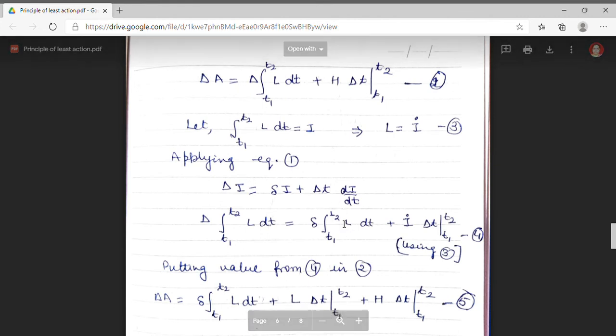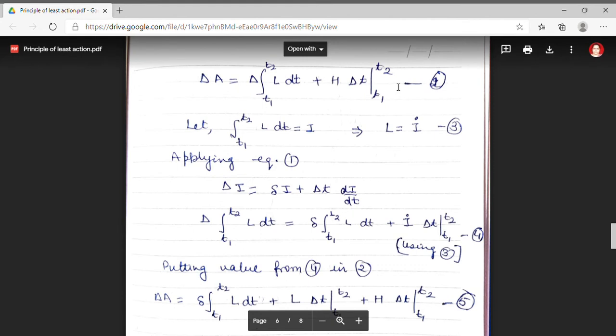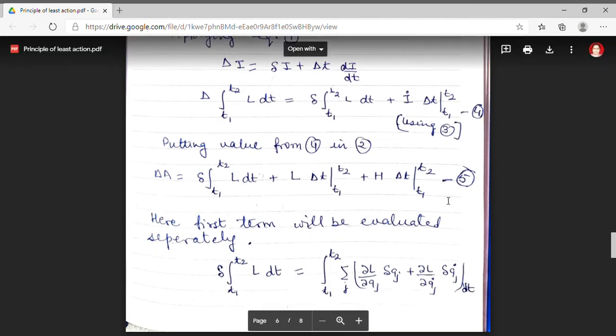Instead of I, I have L dt, and δI by δt is expressed as I dot, δt, limits t1 to t2. Now I am using my second expression and putting this value in it. ΔA will be expressed by equation 5.